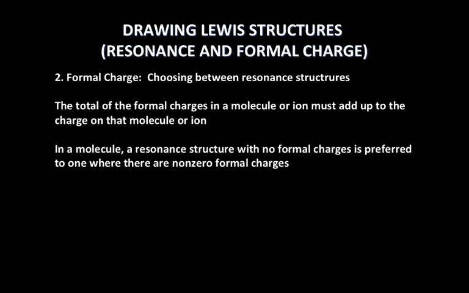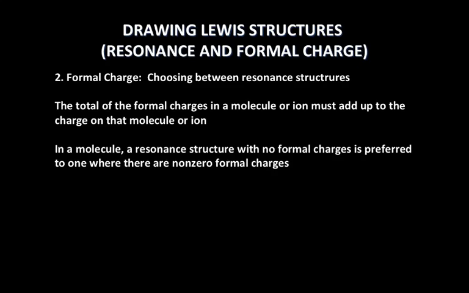In a molecule, when you're deciding between resonance structures, a resonance structure with no formal charges is preferred over one where there are some non-zero formal charges. So if you have a molecule with no formal charges and another molecule where you've got formal charges of +1 and -1, the one where all the formal charges are 0 is the preferred Lewis structure.